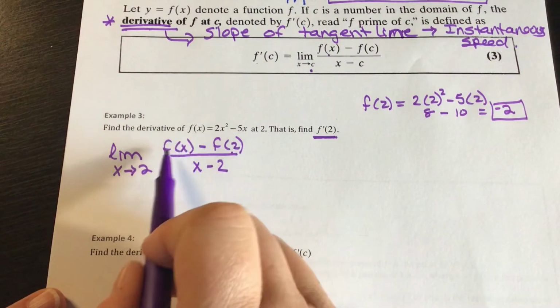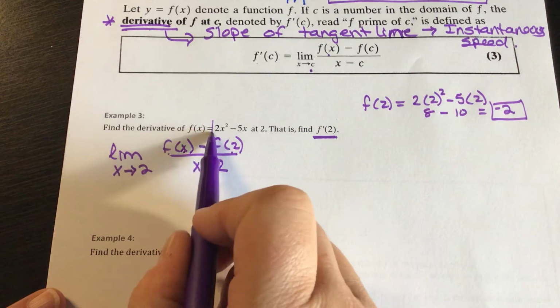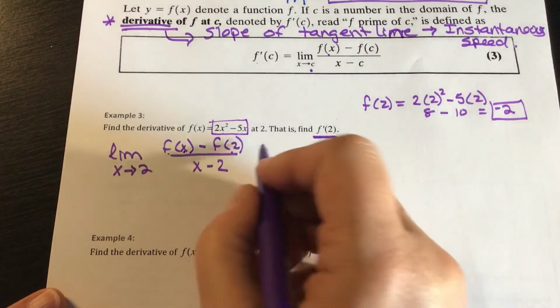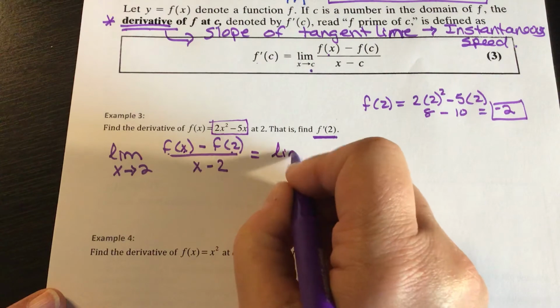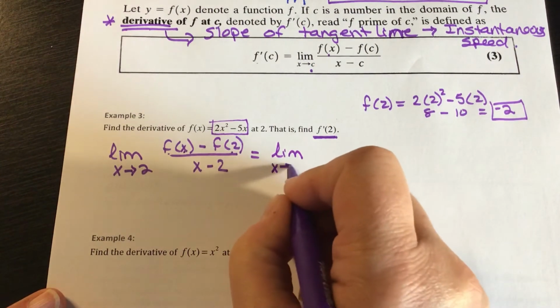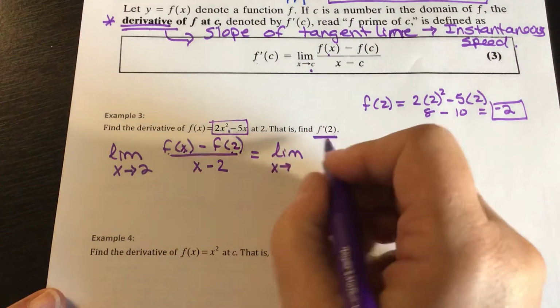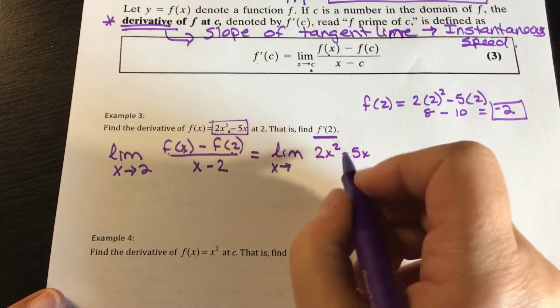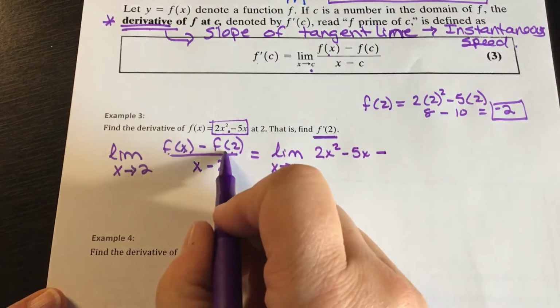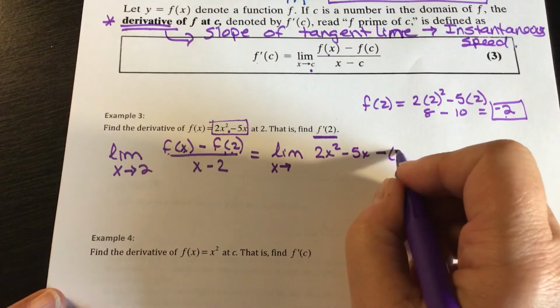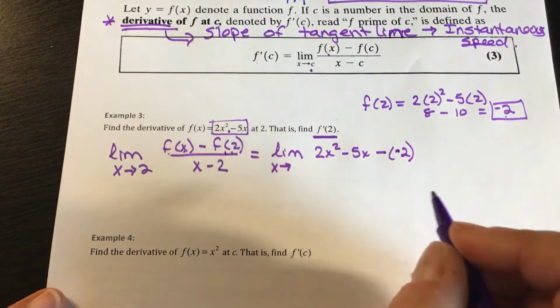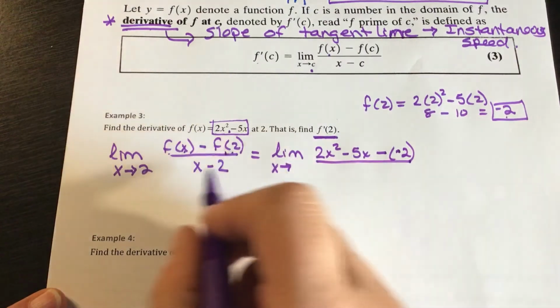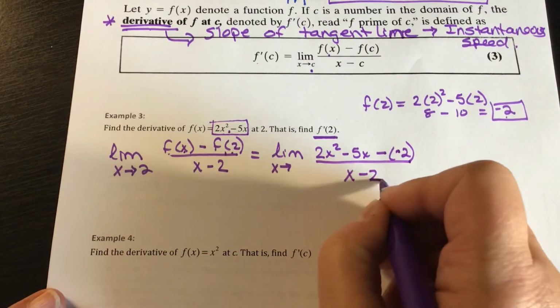So now if I replace f of x with the function, I have the limit as x approaches 2. F of x is 2x squared minus 5x minus f of 2, which is negative 2, so that'd be plus 2 right here, over x minus 2.